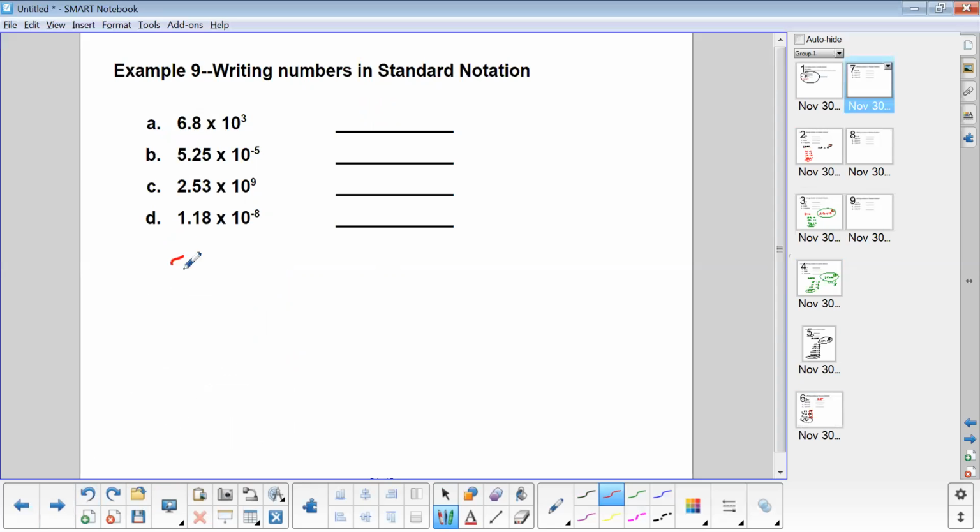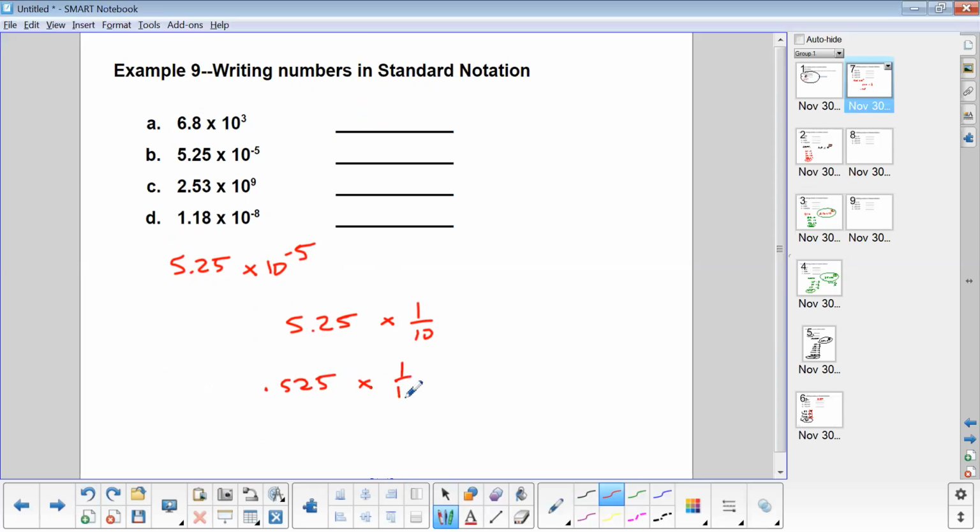Here I've got 5 and 25 hundredths times 10 to the negative 5th. Well, all that means is you're going to take this number and you're going to divide by 10. And that's going to give you 525 thousandths.